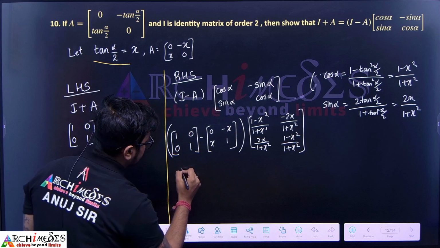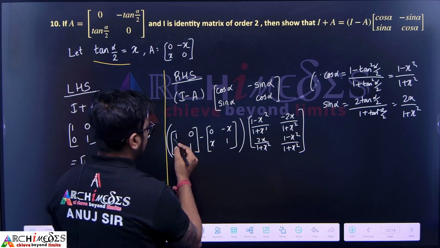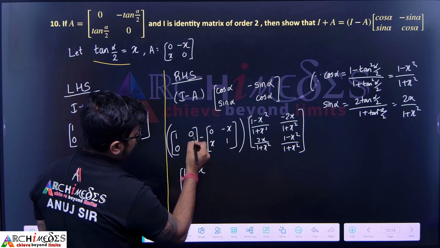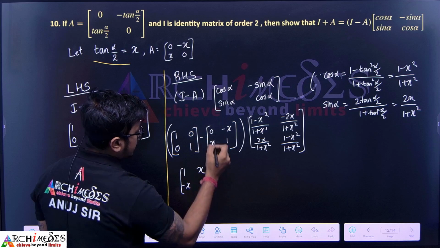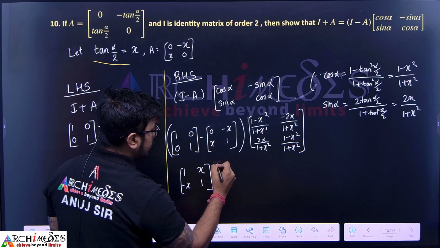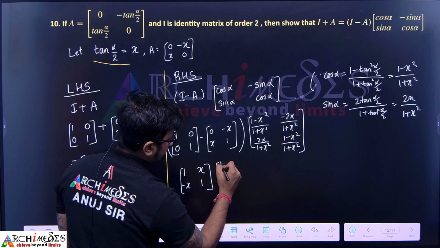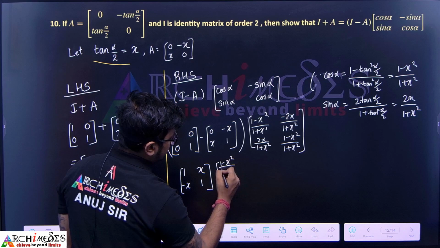So when I solve this, everyone listen carefully. In this step, 1 minus 0 is 1. Minus minus becomes plus x, 0 minus x is minus x, and 1 minus 1 is 1. Look over here, dear. Everyone listen carefully, because this last step is important.